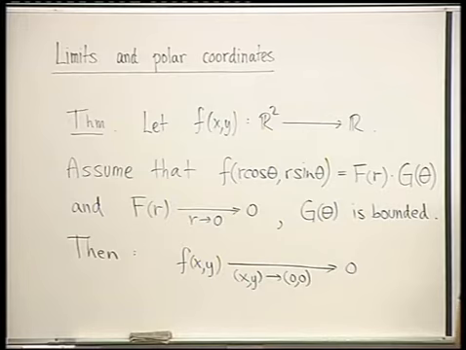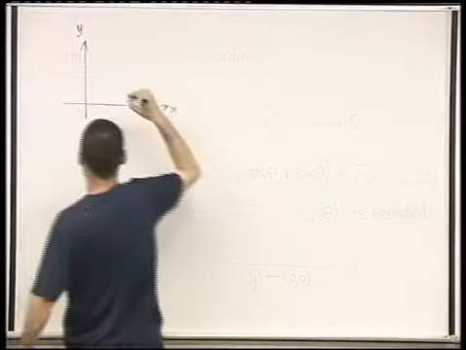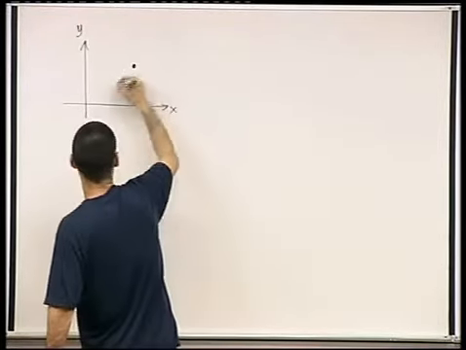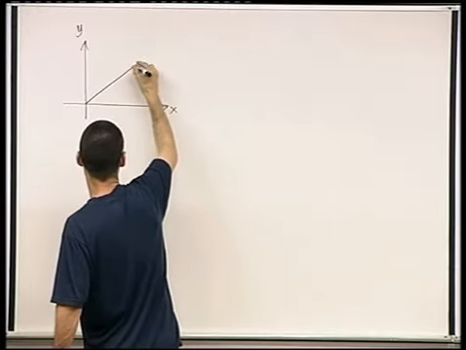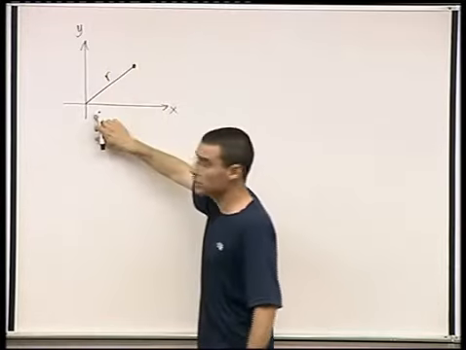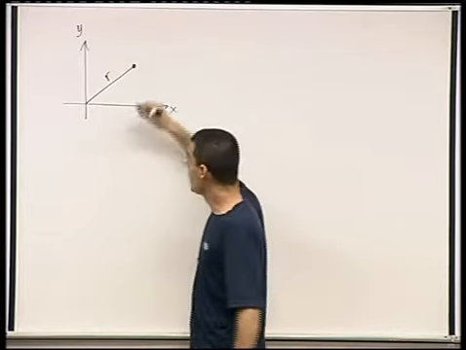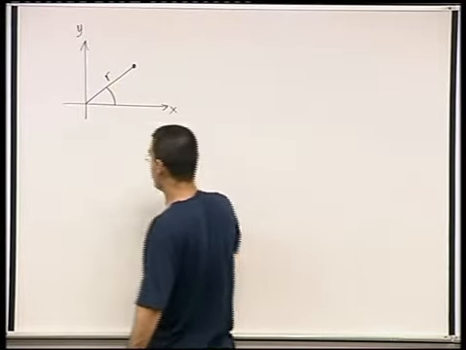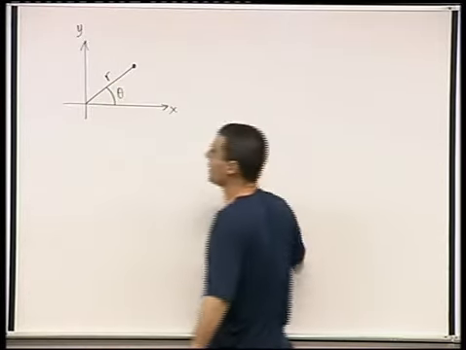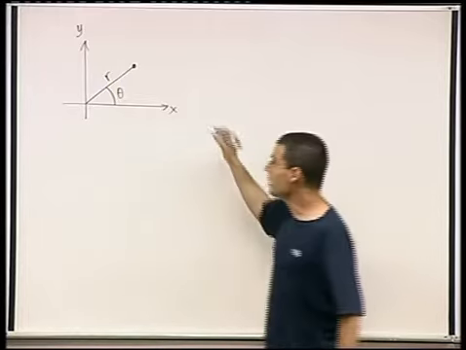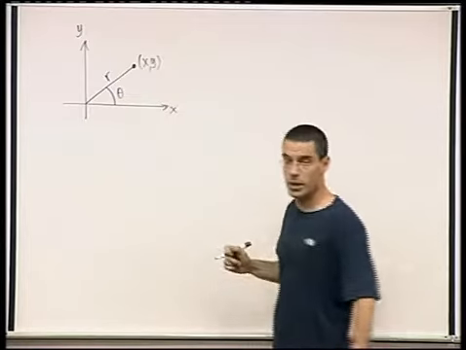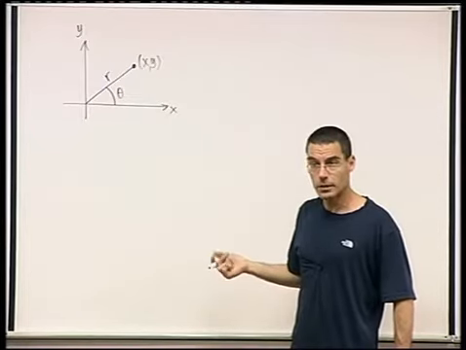Every point in the xy plane, suppose this is the point (x,y), any point, I can express it uniquely by measuring the distance from the point to the origin, calling that r, and the angle that this line connecting the point and the origin forms with the positive x-axis. So any point (x,y) translates into a point r and theta. Everybody knows this, right?